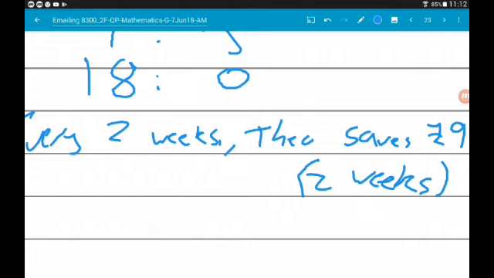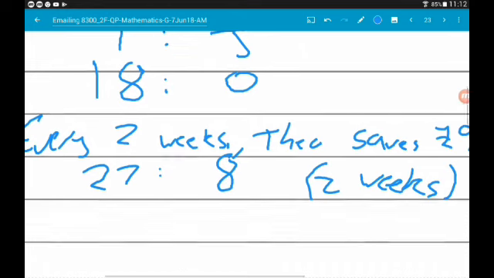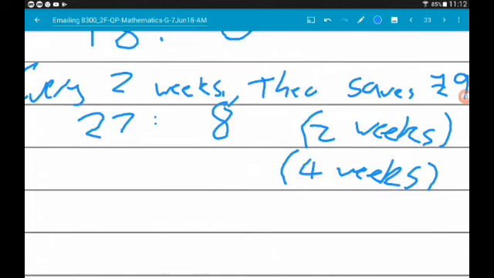then, Theo has saved another £9, so he's going to have 27, and James is going to have saved 8. So we can't simplify that ratio at all, so we'll go another 2 weeks. So that's now going to be 4 weeks later. So Theo is going to have another £9, which is 36.